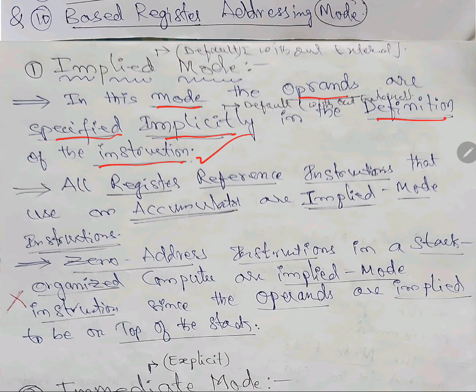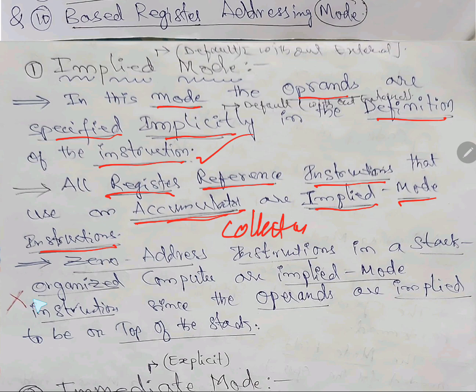In the instruction, the operands will be fetched to do some operation. Second point, all register reference instructions that use an accumulator. Accumulator is a type of register that will accumulate, meaning collect, all the data.